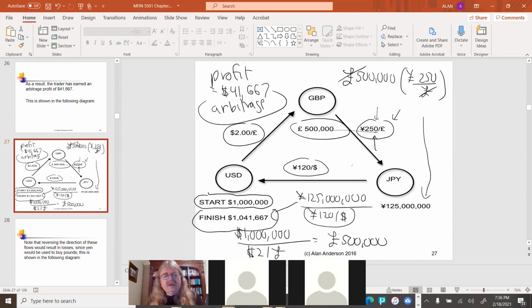Because here you would have only gotten 120,000 yen, and that would have been exactly enough to buy back $1 million US. So the cross exchange rate, the correct one, is the only exchange rate at which there are no arbitrage opportunities. And that's how we know that it is the correct one.